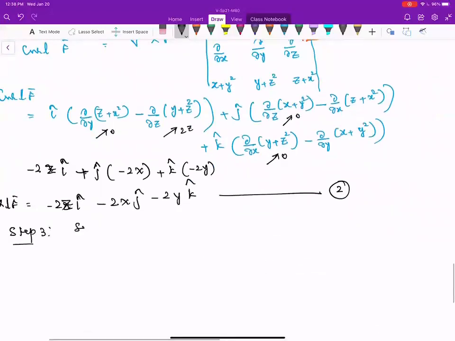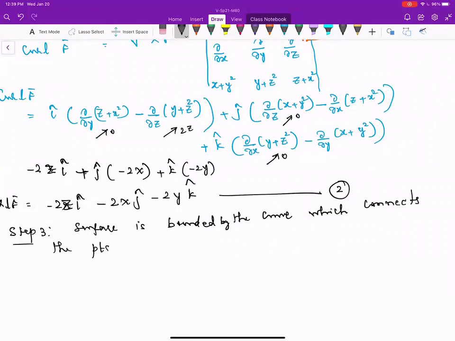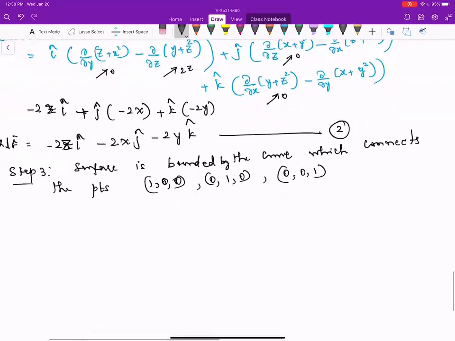Now let's see what the surface is made of. The surface is bounded by the curve, which is a triangle actually, which connects the points (1,0,0), (0,1,0) and (0,0,1). If you make a rough sketch of this, it crosses the x-axis at 1, y-axis at 1, and z-axis at 1.